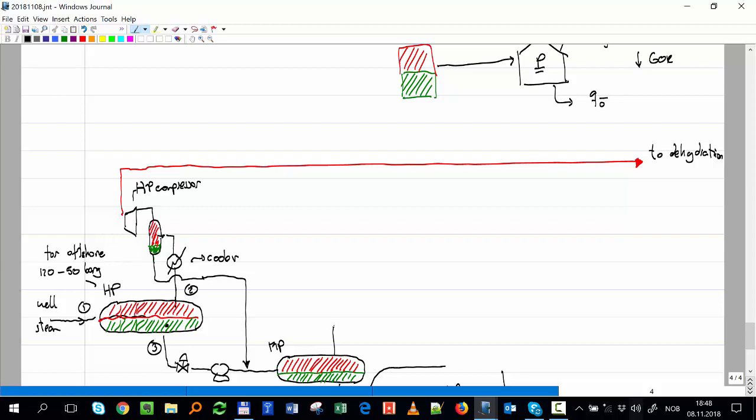Now, what do I do here with this gas? Exactly the same thing. That gas is exactly at the dew point, so if I reduce the pressure even more, I'm going to get liquid condensate. So I put a cooler, then I use a scrubber, then I use another compressor. Even though we said there are no compressors, we need them. And where do we send this?